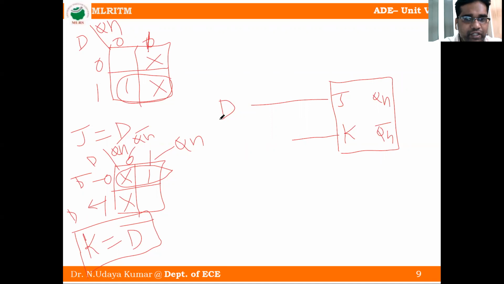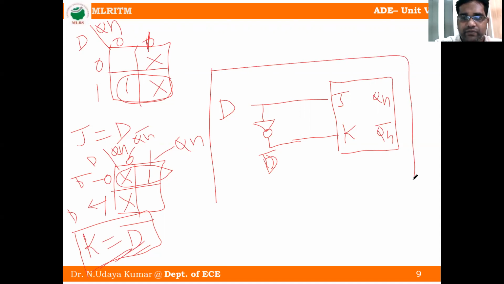K is equal to D bar means we have to add one NOT gate here and connect. That means after D, we will get D bar here, so K is equal to D bar. So this circuit we call a D flip-flop.